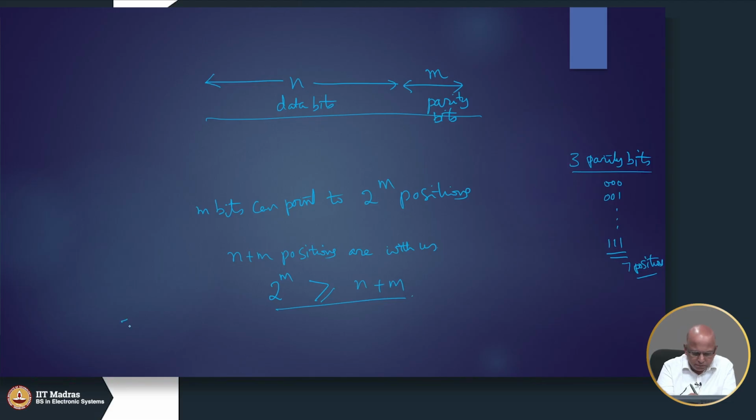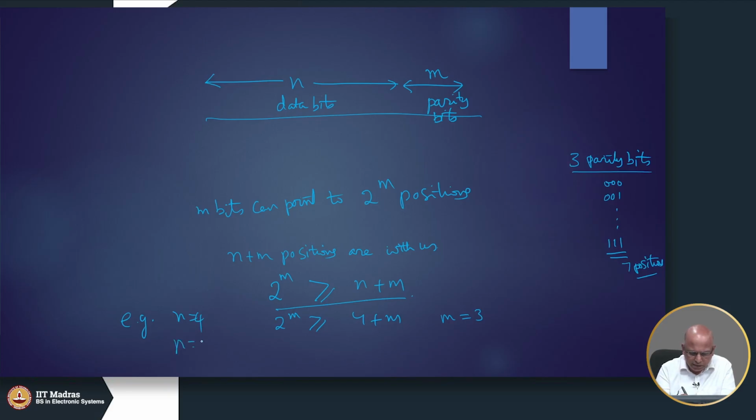So, for example, when n equal to 4, 2 to the power m should be greater than or equal to 4 plus m. So, you will find that m equal to 3 will satisfy this. 2 to the power 3 is 8, and on the right hand side we have 7.